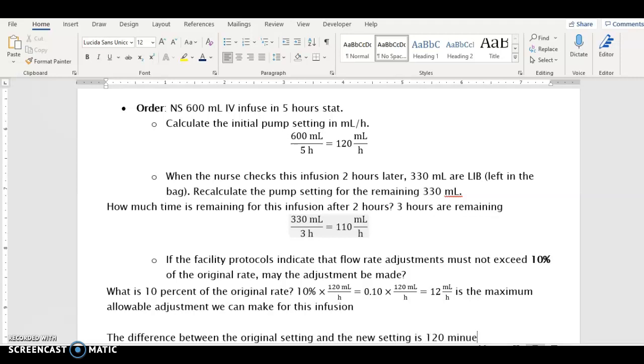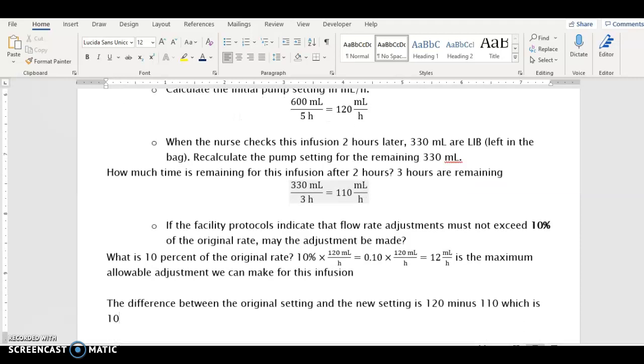In this case, we're taking the larger number, which was the original rate, and subtracting from it the new rate, which is smaller. So 120 minus 110 is equal to 10.